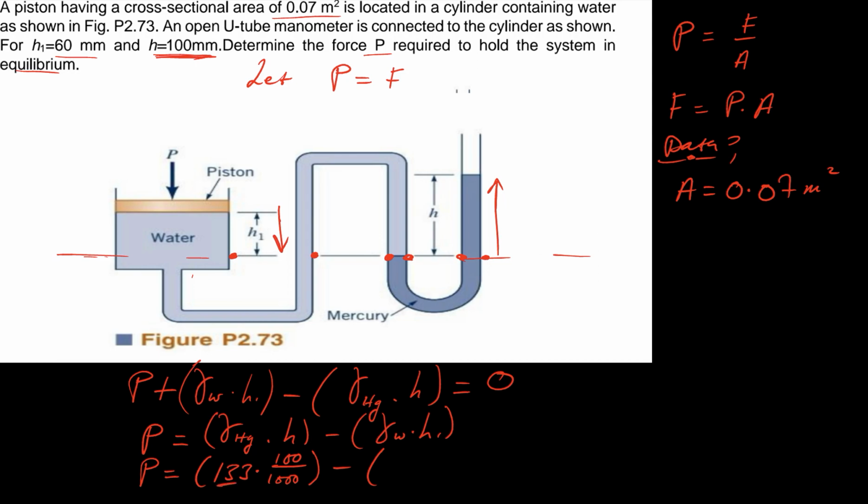Remember, this is in kilonewtons, so 9.81 times the height, which is 60 millimeters, so we also divide by 1000. Be mindful, when the specific weights are in kilonewtons and your question is mostly focused on kilonewtons, balance every unit in kilonewtons. If it's in newtons, put them in newtons. Just make sure you balance out the units.